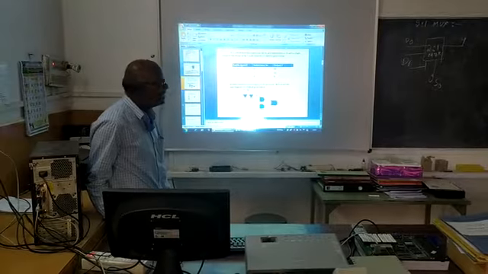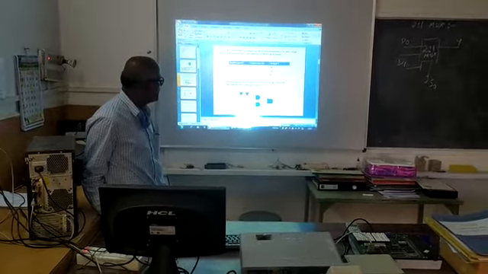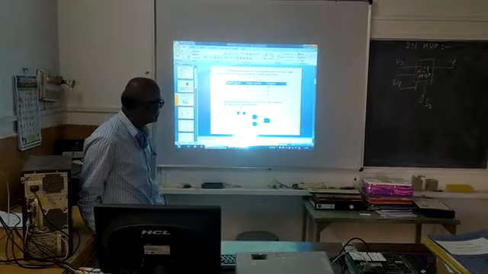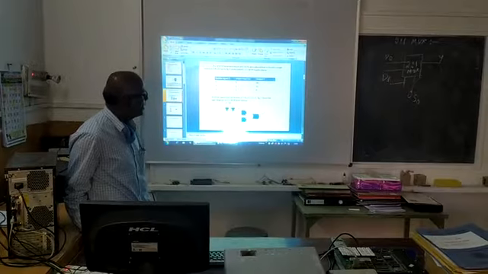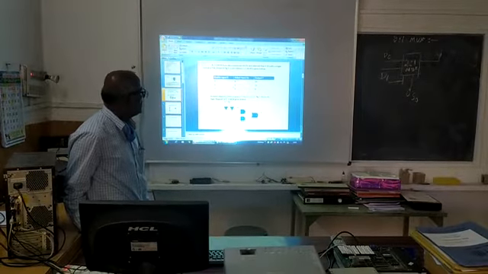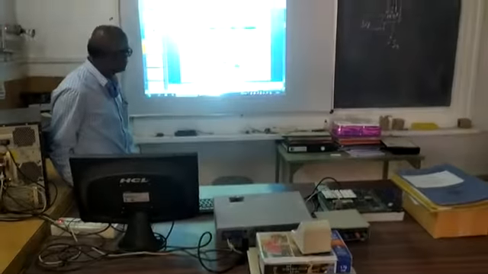When enable is in a low state, the select input is chosen. When the select input S0 is 0, at that instant D0 is on the output line.